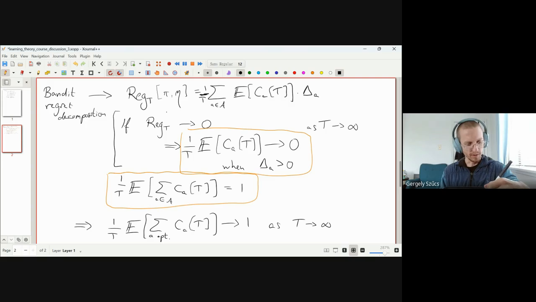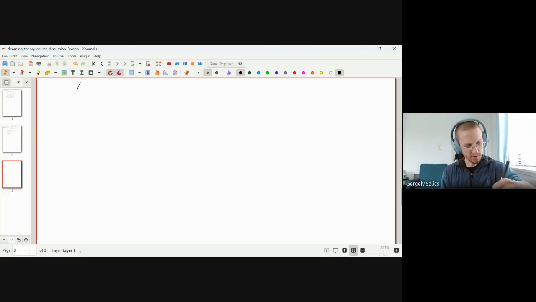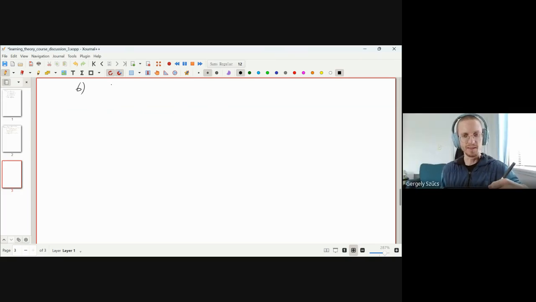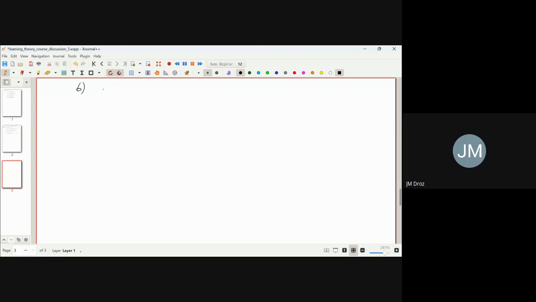Maybe we can go through the second part. Shall I do it, or do you? Sure. So I provide a counterexample, and I take a very simple bandit which has just two actions: action 0 has a constant reward of 0, and action 1 has a constant reward of 1.